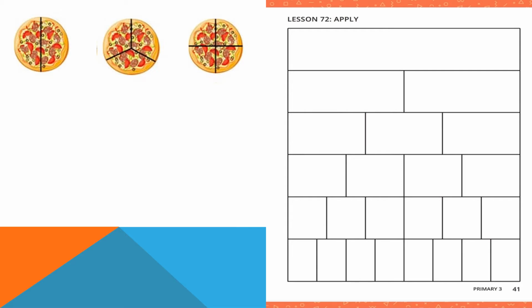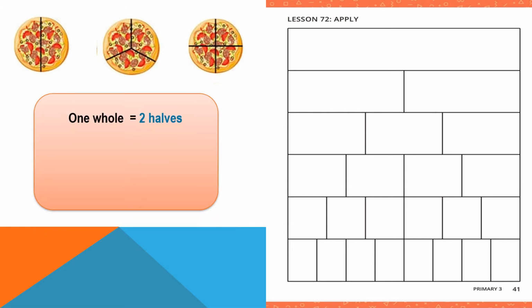If we divided it into 4 equal parts, each part will be a fourth. 1/4 here, 1/4 here, 1/4 here, and 1/4 here. So the whole pizza now contains 4 fourths.